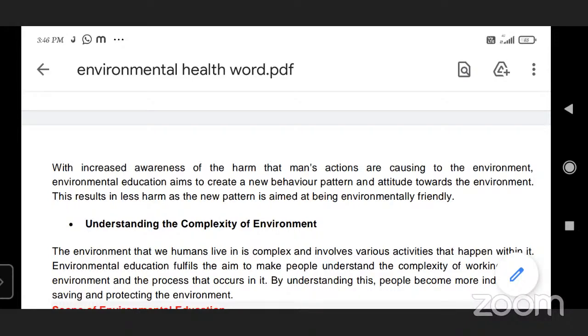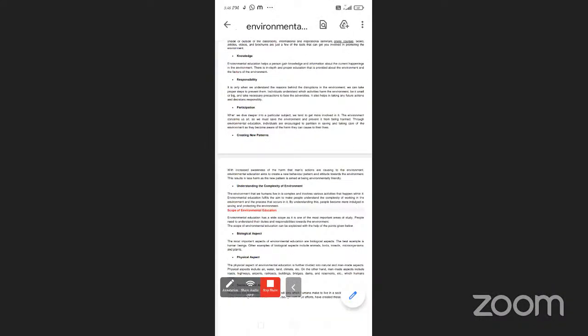The environment we humans live in is complex and involves the various activities that happen within it. So as we know, environmental education is aimed at proper mitigations for whatever environmental issues or changes take place.